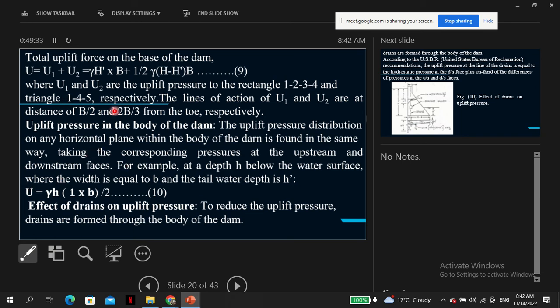And I think this one we have done several times, or at least we have demonstrated a number of times in this class. So, effect of drains on uplift pressure. To reduce the uplift pressure, drains are formed through the body of the dam.